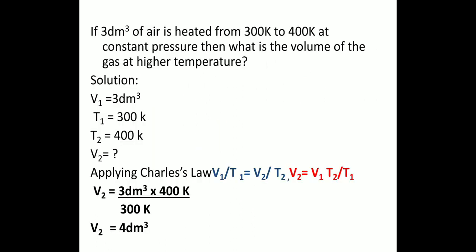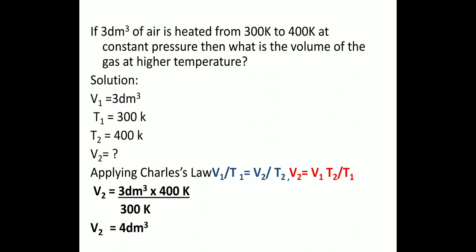So with the help of Charles' law, if we have the quantities of volume and temperature, initial and final, then we can calculate any one of these four: initial volume, final volume, initial temperature, final temperature.